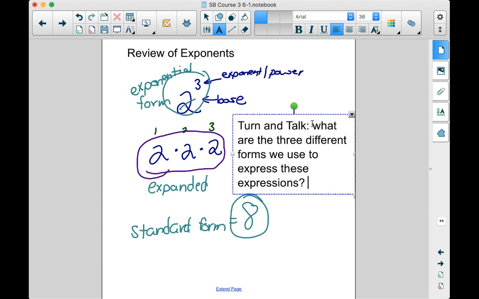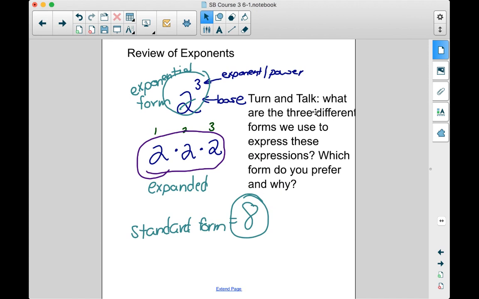Which form do you prefer? And why? There's no right or wrong answer to that second part of the question. I just want you to think about, do you prefer the exponential form, the expanded form, or the standard form, and why? Talk to your partner, and then when you're ready, push play, and then we'll continue with our lesson.